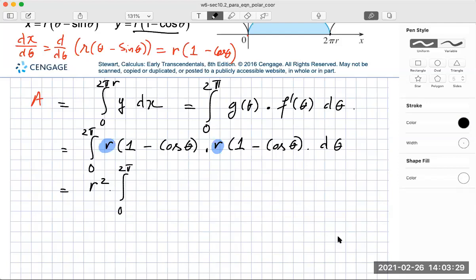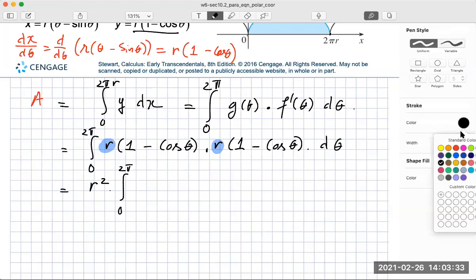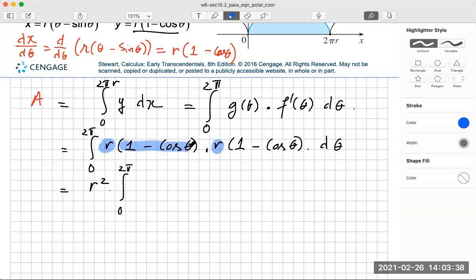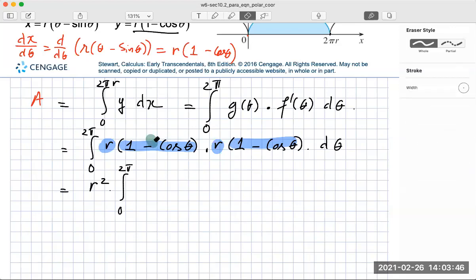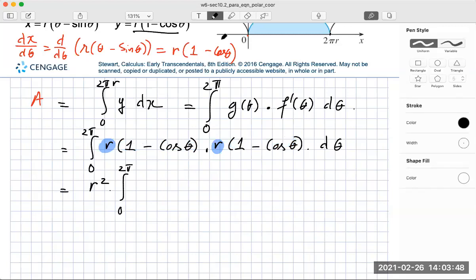Okay. How about this guy? This is 1 minus cosine theta, perfect square of this, right?